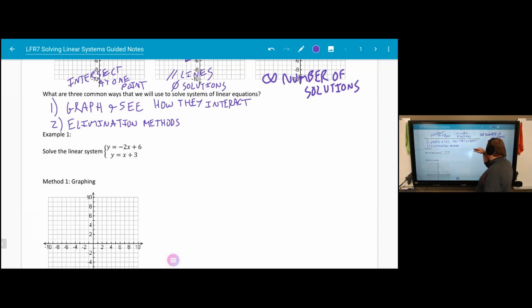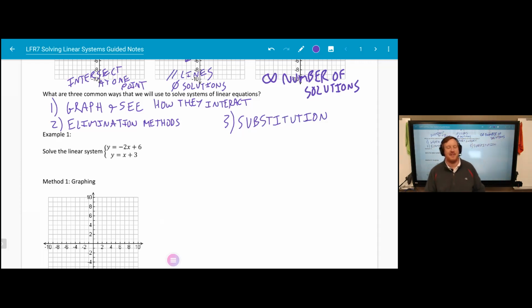The third way will be substitution. And without a doubt, this is one of my, if not my most absolute favorite things to do. Substitution. Oh, it's so nice. It's just so elegant.